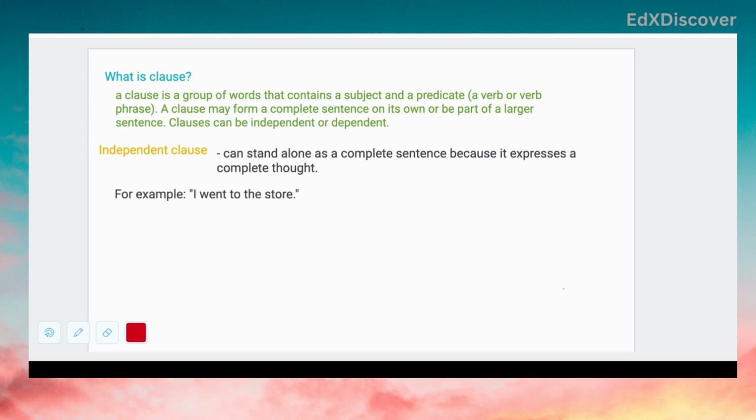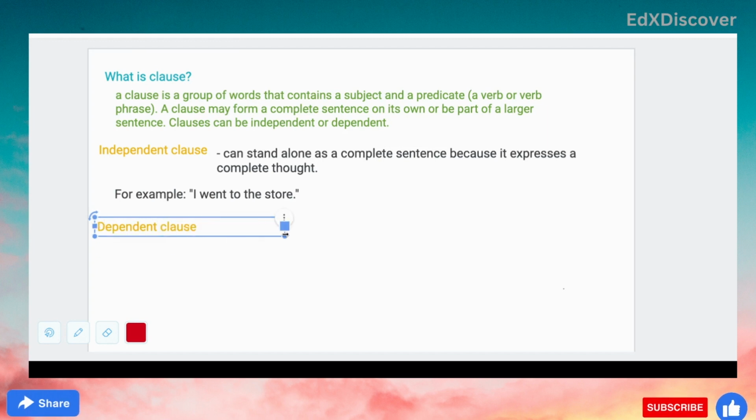Whereas for the dependent clause, a little bit same like independent clause. In this dependent clause, it cannot stand alone and it cannot express a complete thought.